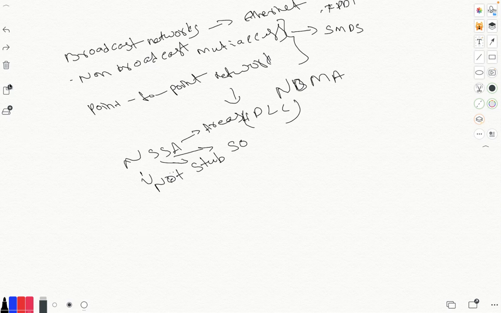I will show examples of these areas: OSPF NSSA, stub networks, stub areas, and NSSA.